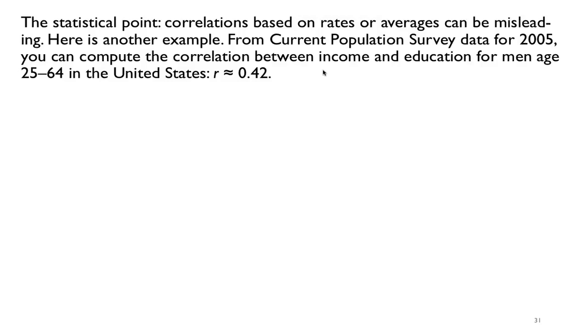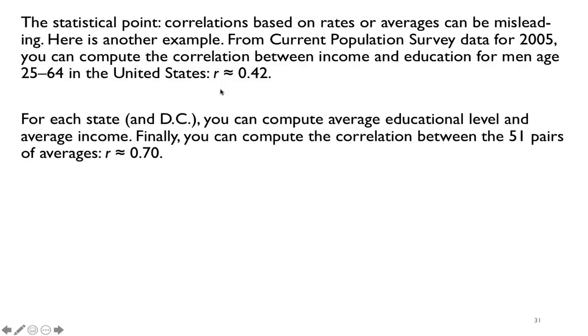So here's another example. According to the Current Population Survey of 2005, if you look at the correlation between income and education for men between 25 and 64, the correlation coefficient is 0.42, a positive correlation between income and education. Now, let's look at each state and compute the average education level and the average income.